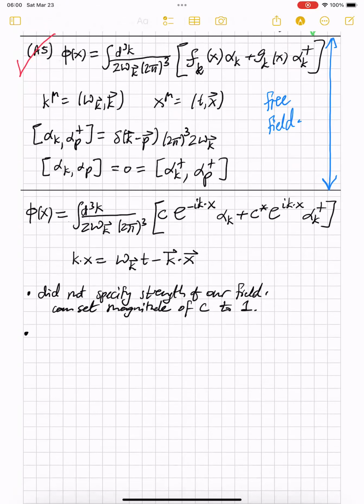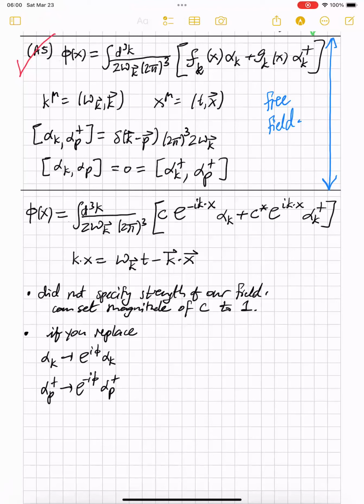Next thing I want you to notice is that if you replace alpha k by e to the I phi alpha k, where phi is just a constant independent of k, and alpha p dagger into e to the minus I phi alpha p dagger.